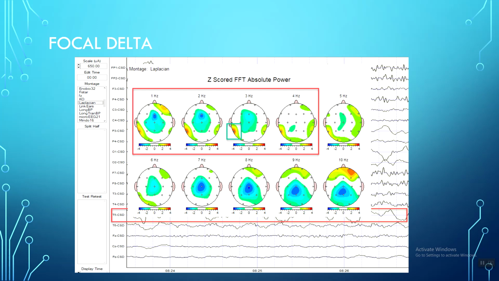The deeper areas of the brain are harder to pick up with EEG. Absolutely. And it's the deep parts of the brain that are most affected by hypoxia or anoxia. Depends.